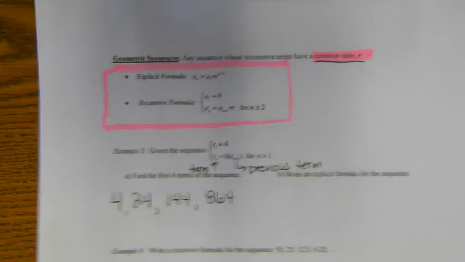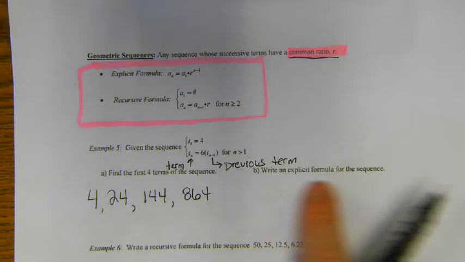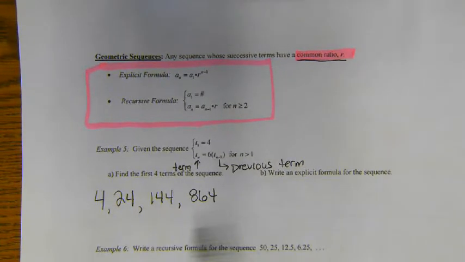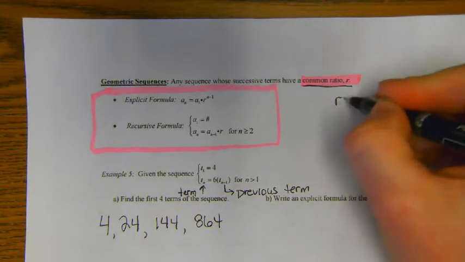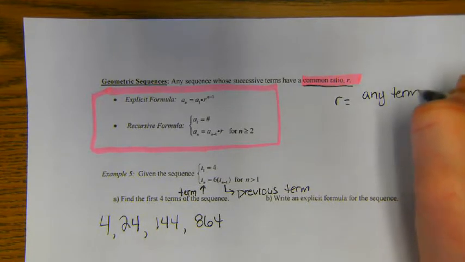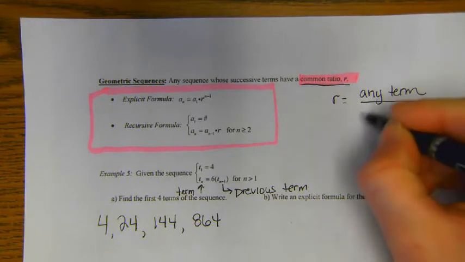The explicit formula, we need the first term and then the ratio. And the ratio you can always find r by taking any term and dividing by the previous term, the term before it.